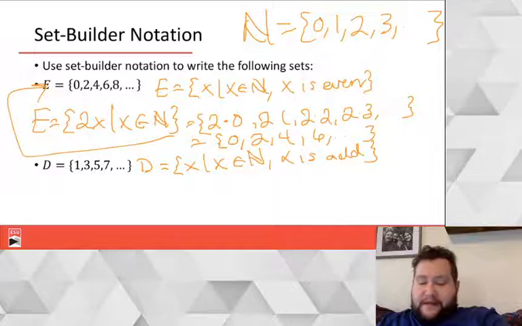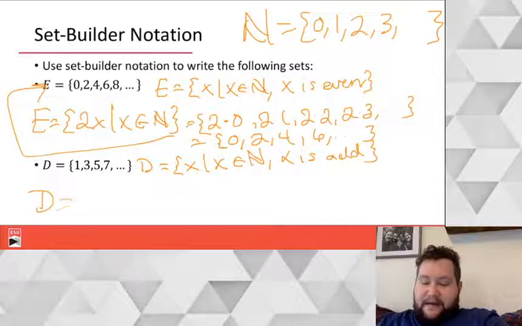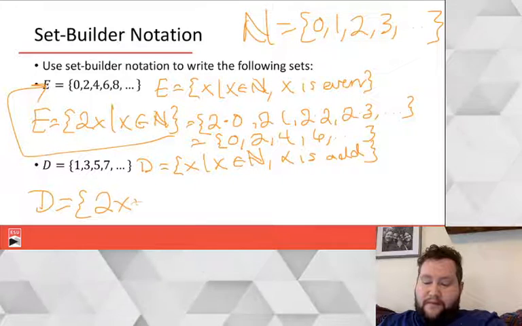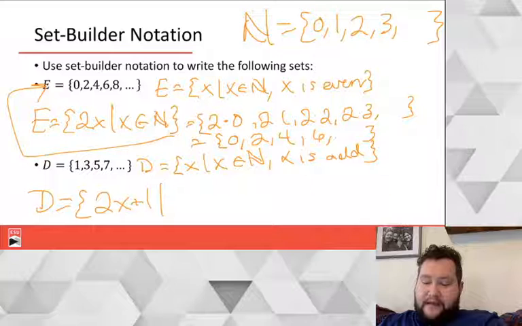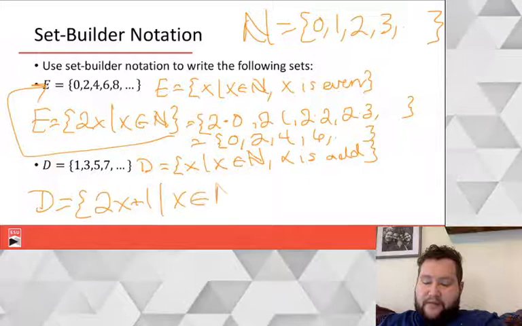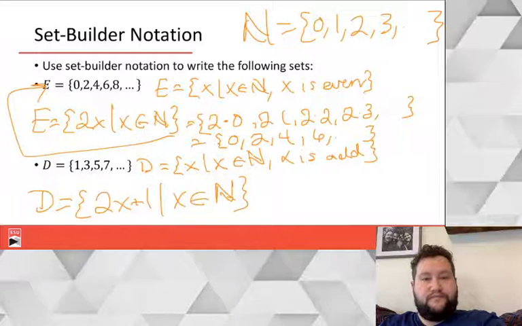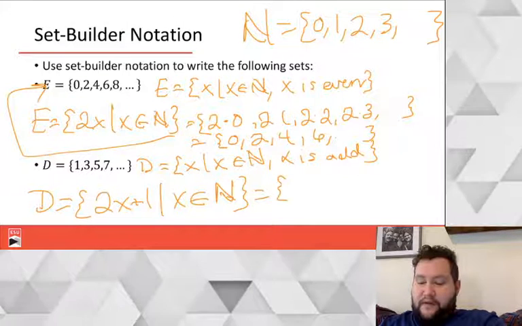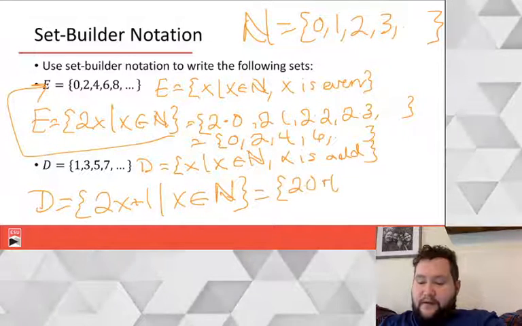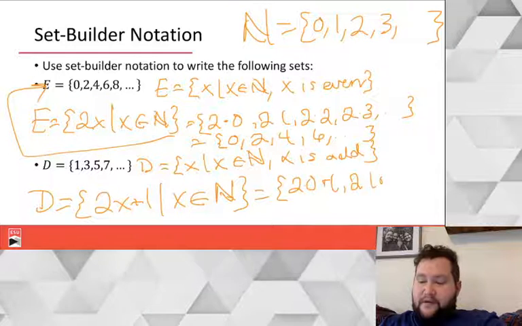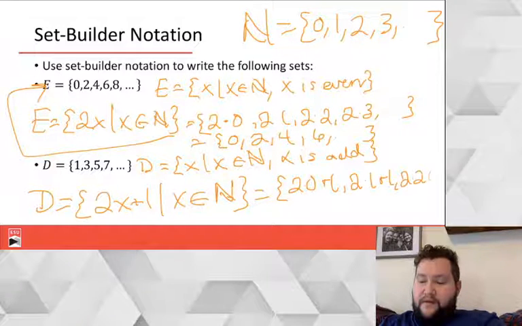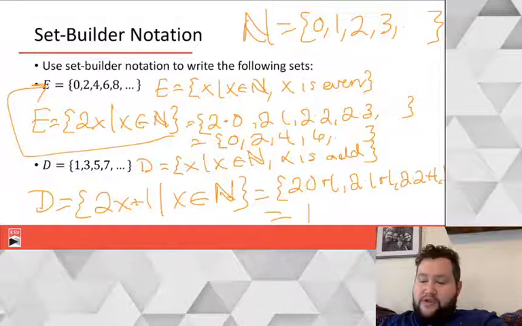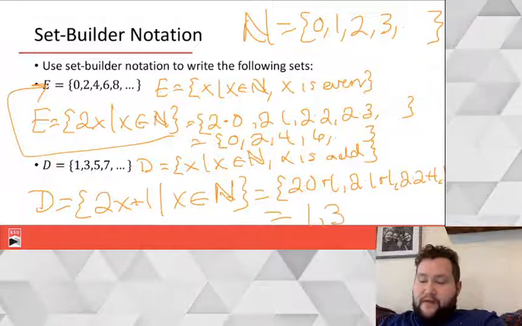And similarly, we could say D is the set of numbers of the form 2x plus 1 for every x in the natural numbers. And so here we have 2 times 0 plus 1, 2 times 1 plus 1, 2 times 2 plus 1, and so on. So we get 0 plus 1 is 1, 2 plus 1 is 3, 4 plus 1 is 5, and so on.